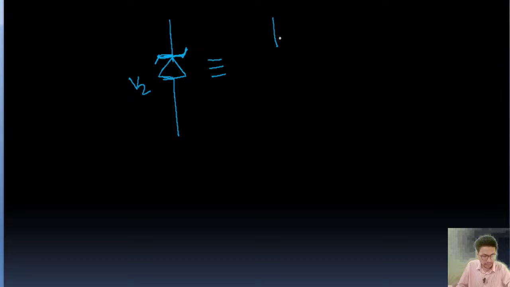If we write in terms of voltage, this part is the plus part, this part is the minus part, and this is the volt, VZ, right? So this part is going to be the plus part, and this part is going to be the negative part for volt.